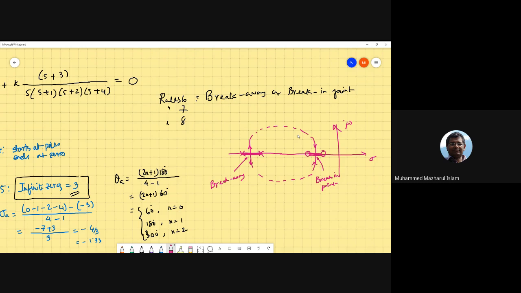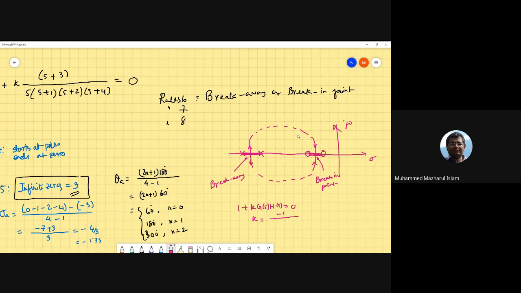So to find out the break-in and breakaway points, all you have to do is rearrange the characteristic equation for k.